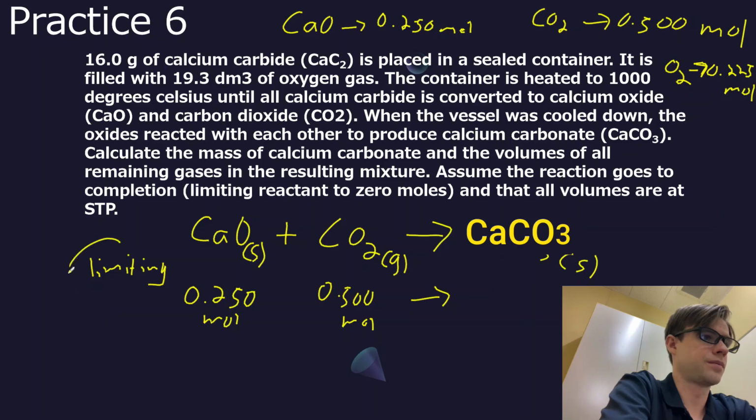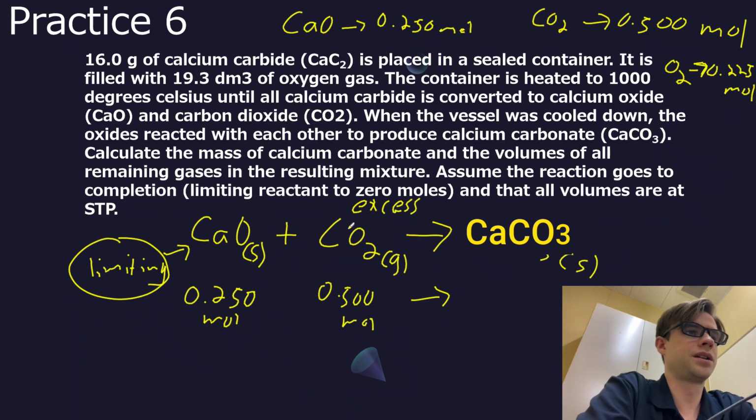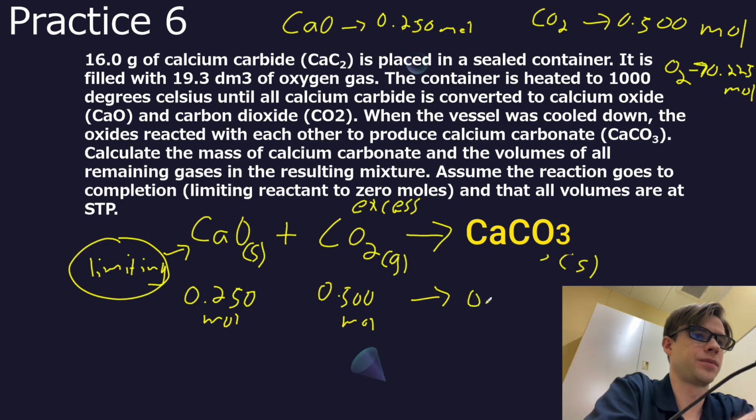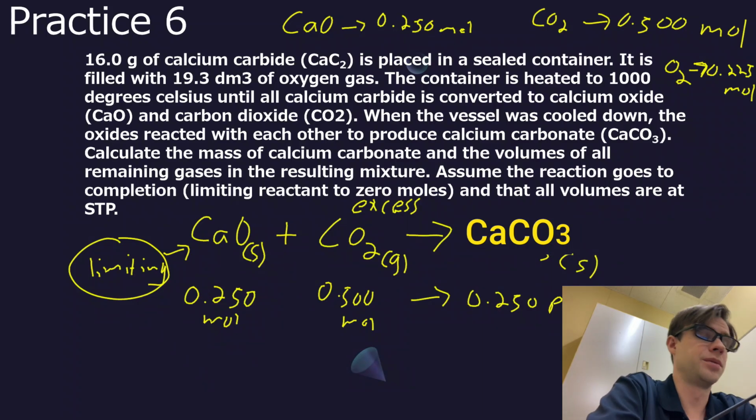So CO2 is excess. So how much CaCO3 can we make? We can make equal amounts to our limiting reactant, so we can make 0.25 produced. Now this also means that 0.25 CO2 will be consumed. It has a 1-to-1 ratio with our limiting reactant.